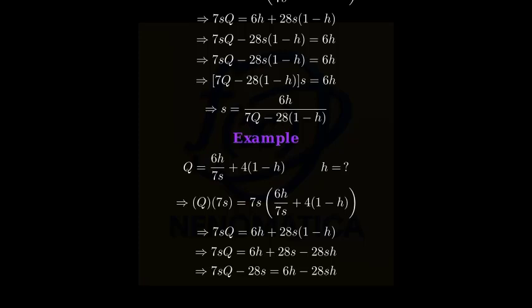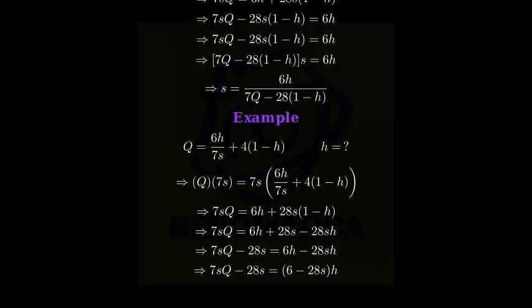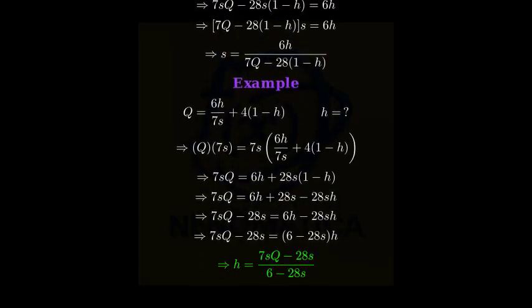Now, let's factor out h on the right side. We get 7s times q minus 28s equals h times the quantity (6 minus 28s). Finally, we solve for h by dividing both sides by (6 minus 28s). This gives us h equals the fraction (7s times q minus 28s) divided by (6 minus 28s).